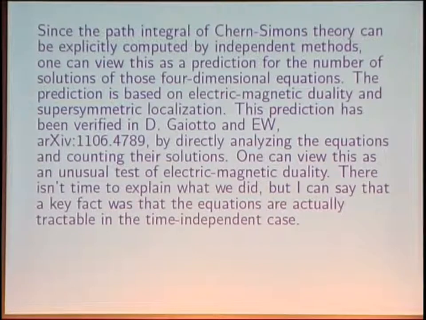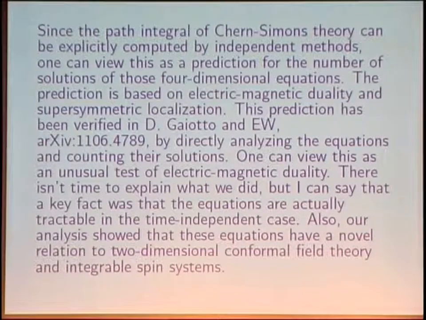And then starting with the fact that we understood the 3-dimensional equations, and then reintroducing time in a sort of adiabatic approximation, we bootstrapped our way from 3 up to 4 dimensions. But I won't try to spell all that out. And in the process, we found out that these equations have a novel relation to other fun things, 2-dimensional conformal field theory and integrable spin systems.